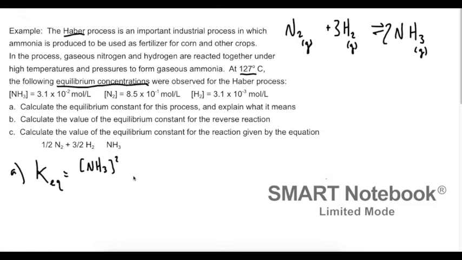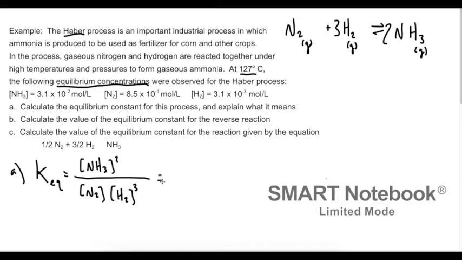I only have one product here, so just NH3 raised to the second power divided by the concentration of N2 raised to its stoichiometric coefficient of 1 times the concentration of H2 raised to its stoichiometric coefficient of 3, just like that. So this is the overall equilibrium expression that would give me the equilibrium constant K for this reaction.